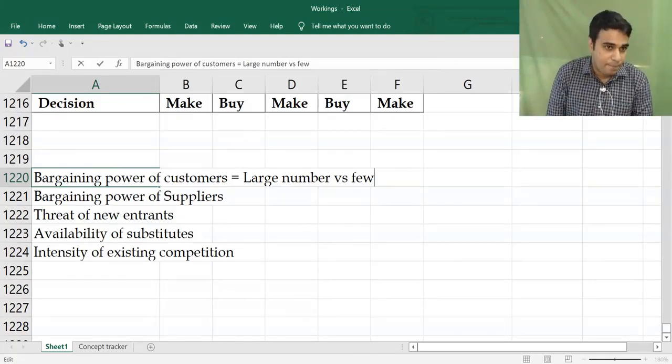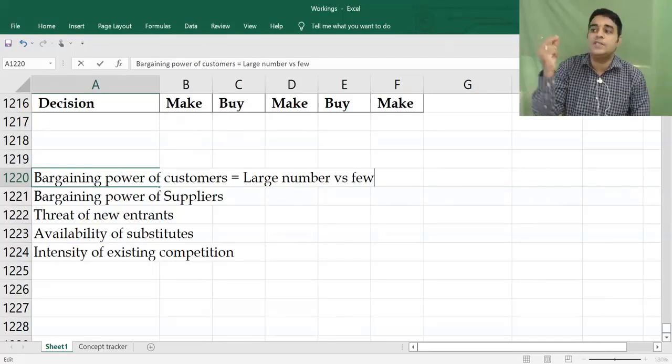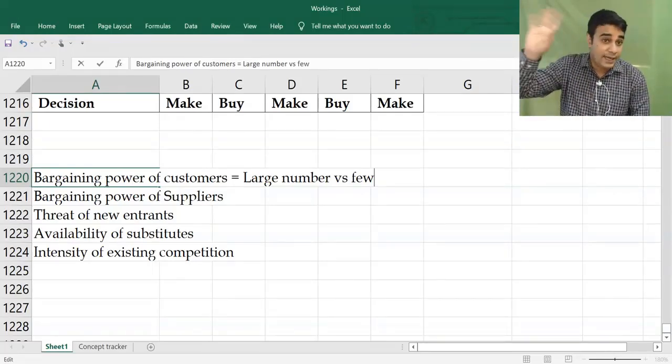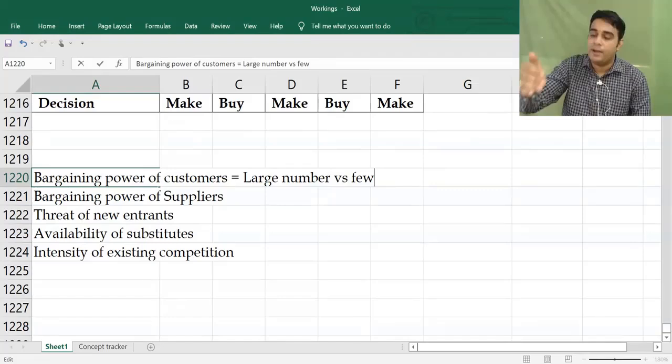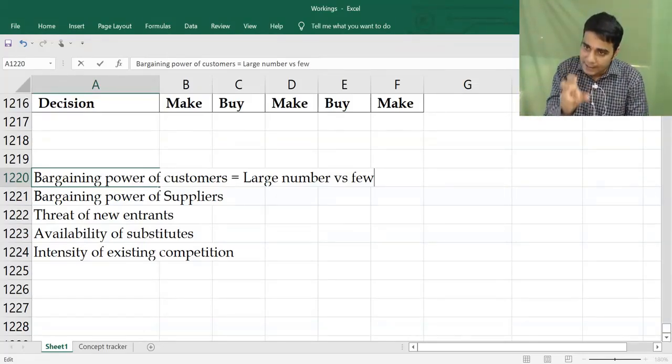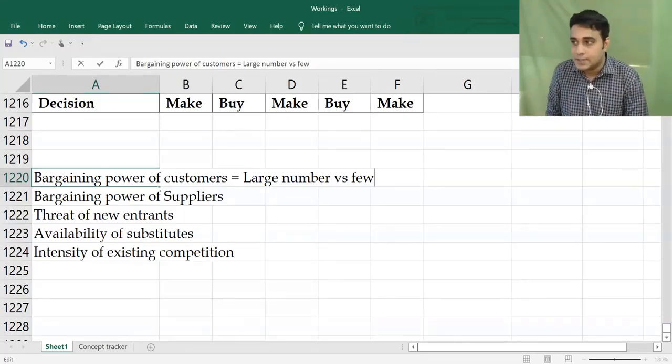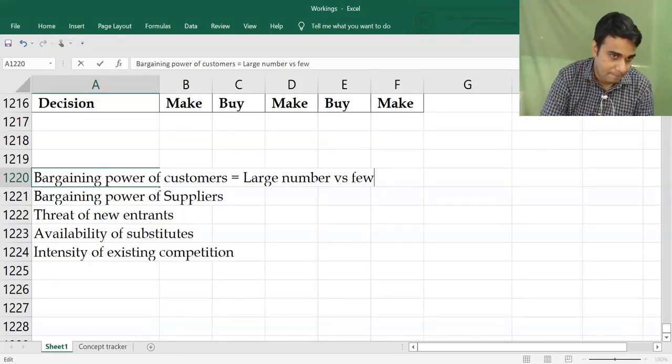They can be big companies, but still if there are only a few distributors of my product, not the end customer, I am not talking about the end customer, whom I am selling my product to, if I am selling my product to very few customers, my bargaining power will get impacted.